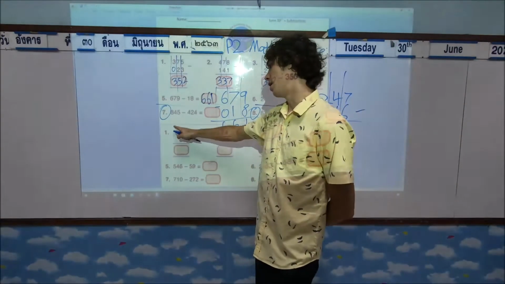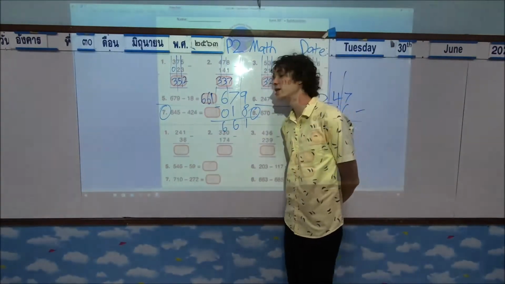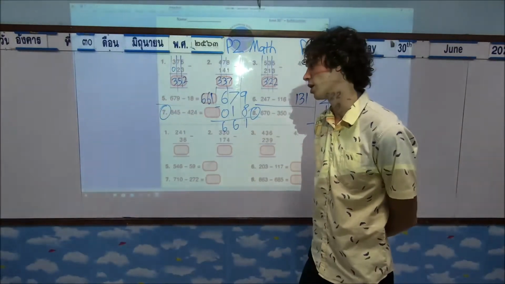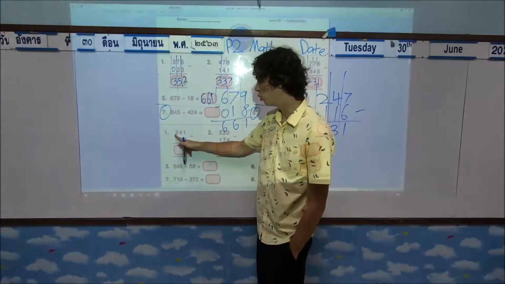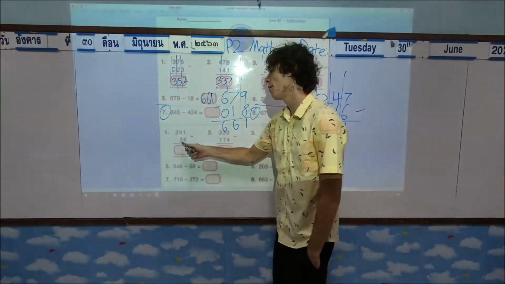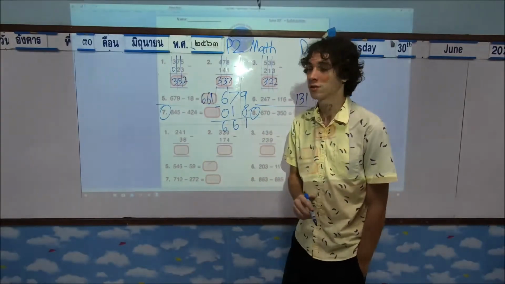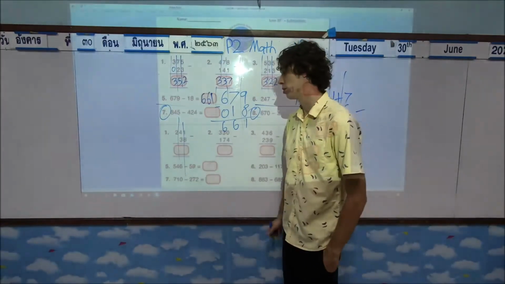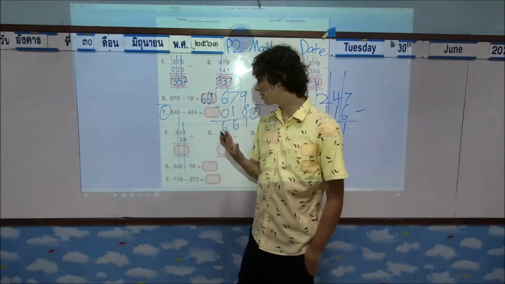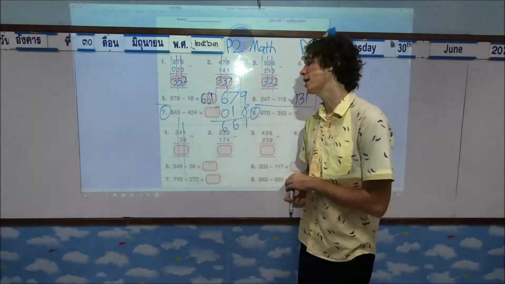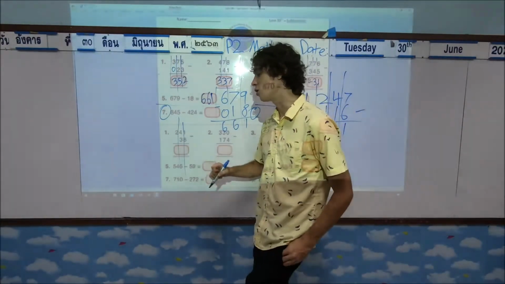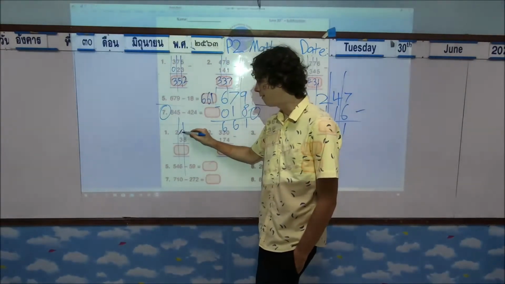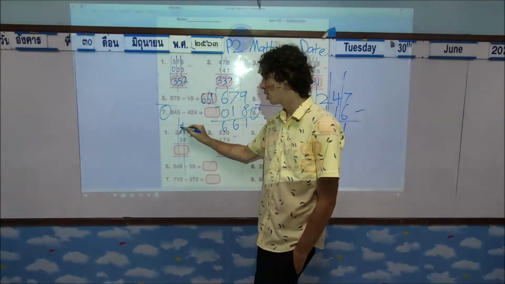Okay. Let's start again at the bottom. These we have to borrow. We use regrouping. So number 1, 241 minus 38. Ones, tens, hundreds. 1 minus 8, I cannot do that. We cannot. We have to borrow. Take away 1, 10, 4 minus 1, 3.